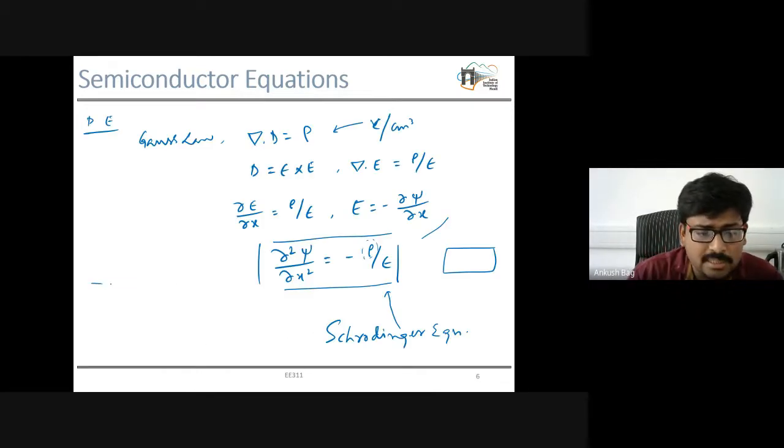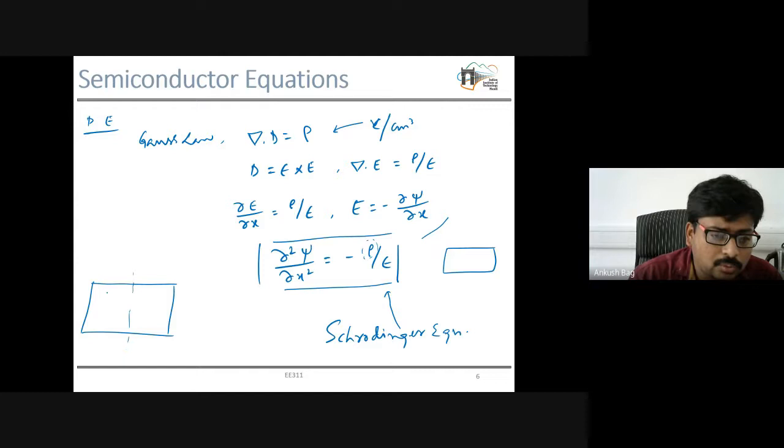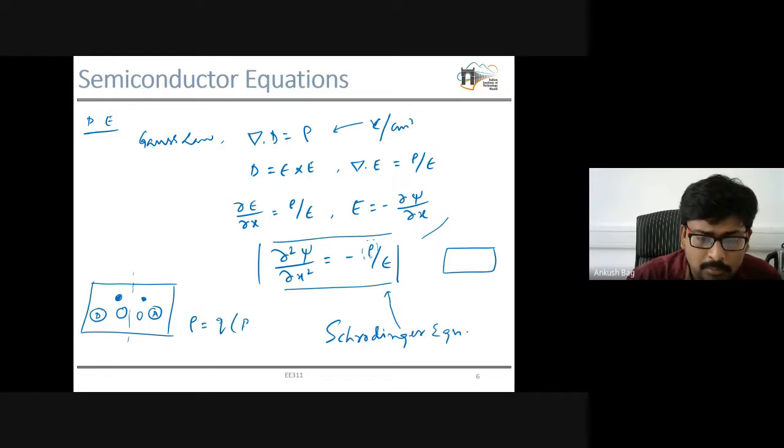Now if we see any semiconductor bar, let us see what different charges we will encounter. We may have donor ions, electrons, holes, as well as acceptor ions. In place of rho, in the case of a semiconductor, we can simply write rho equals Q times (p minus n plus Nd plus minus Na minus).